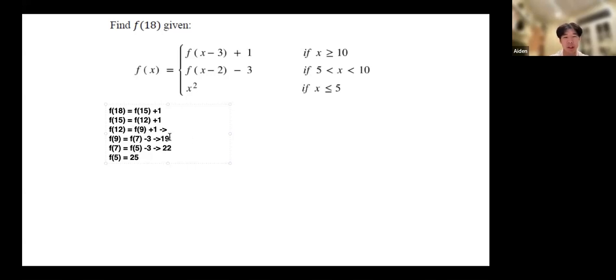We can repeat the same steps: since f of 9 is 19, and f of 12 is f of 9 plus 1, f of 12 has to be 20. And we can keep going up. So it's 21. And then finally we reach f of 18, and our final answer is that f of 18 is equal to 22.